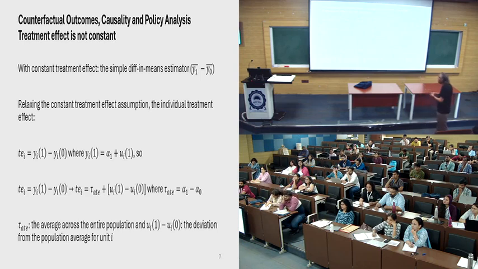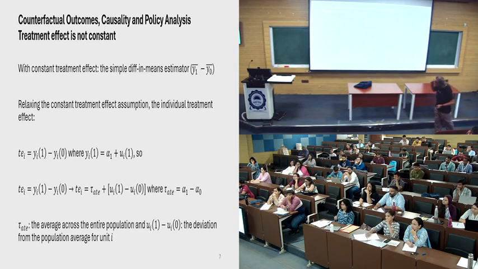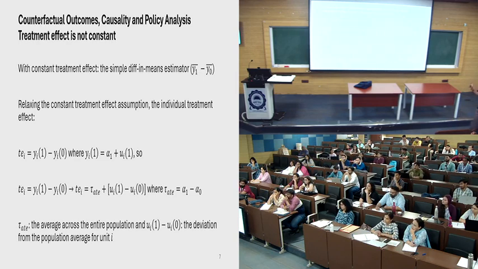So TE_i is Y_i1 minus Y_i0, which implies lambda_ATE plus u_i1 minus u_i0, where lambda_ATE is nothing but the difference alpha_1 minus alpha_0. So how do I estimate this? The average across the entire population is my lambda_ATE, and the difference u_i1 minus u_i0 is the deviation from the population average for a particular unit, which is my i in this case.